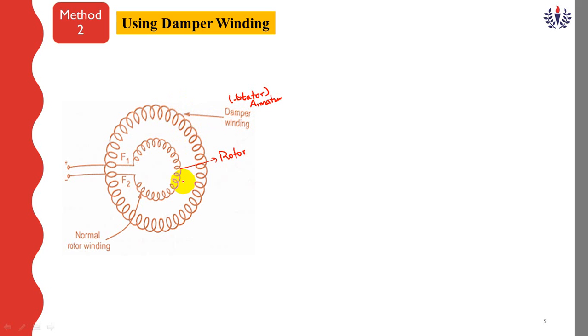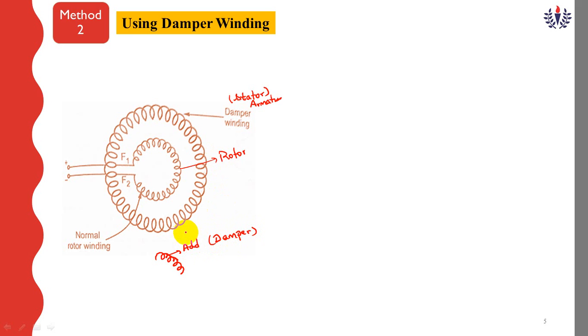Normally the windings are there, and now we have to connect additional windings. This additional winding is known as damper winding. Understand?